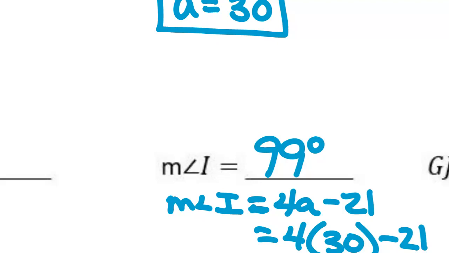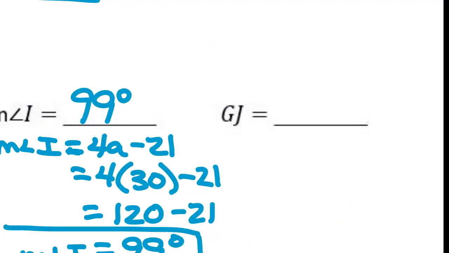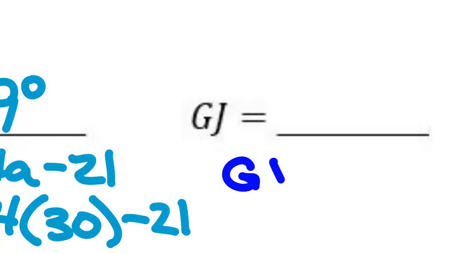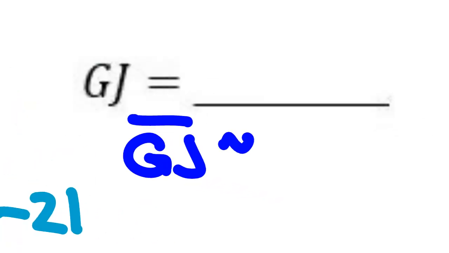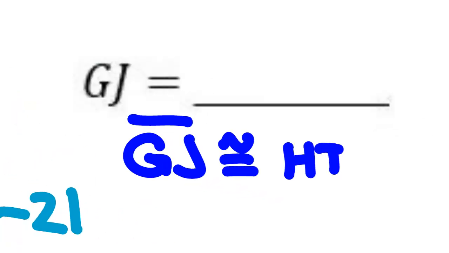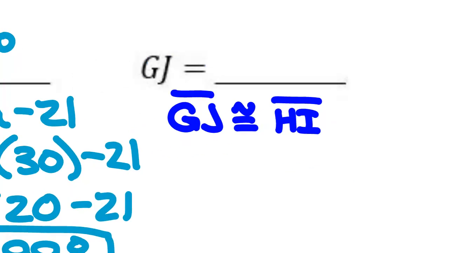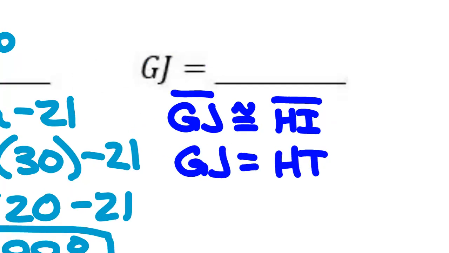And then how can I figure out the size of GJ? GJ is the same size as what? HI. So GJ is congruent to HI. That means the measurement of segment GJ is equal to the measurement of HI.